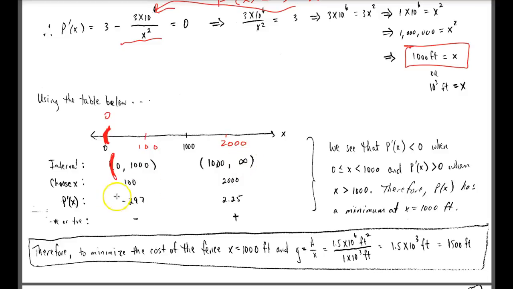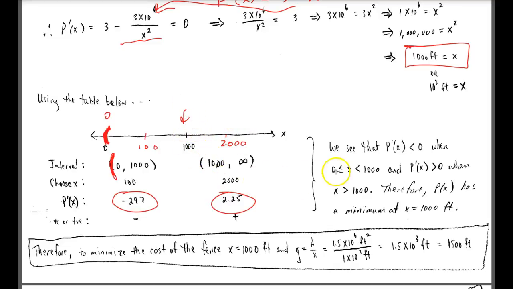When I found the derivative of the perimeter with these values plugged in, these are the values I got. It shows that the rate of change of perimeter is decreasing at 100 and increasing at 2,000. Going from decreasing to increasing tells me that I have a global minimum in this case, since it's the only critical value that I have.